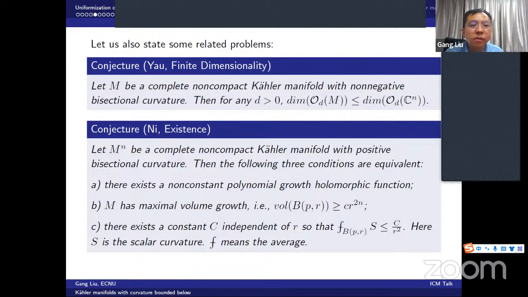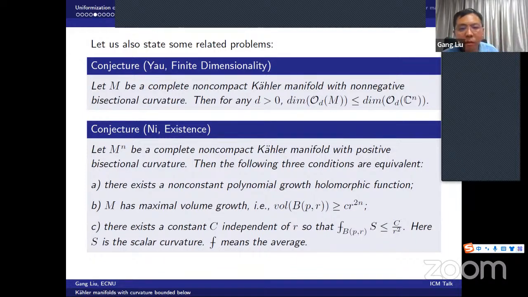On the existence, here we mean the existence of polynomial growth holomorphic functions. So assume M has positive bisectional curvature. We always assume the manifold is complete non-compact. Then the following three conditions are equivalent. The first one says that there exists a polynomial growth holomorphic function, and the second says that the manifold has maximal volume growth.